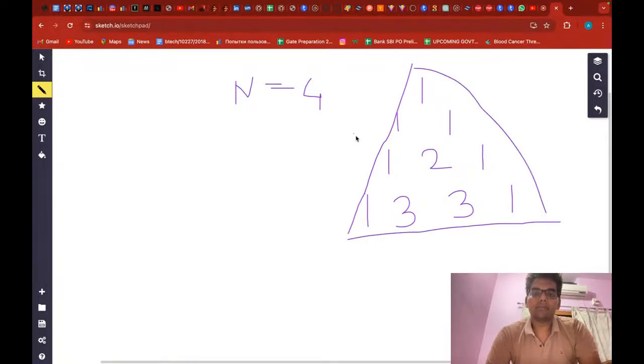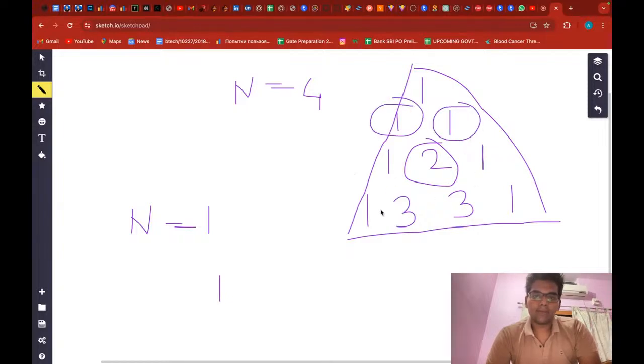But if n is 1, then you need to print only 1. So very simple question, right? For every state we need to consider the i minus 1 j state and the i minus 1 j minus 1 state, right?